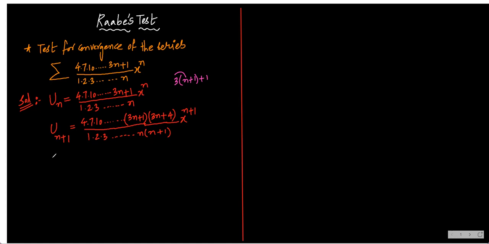Now we are moving to find the value of un by un plus 1. It is equal to: the first fraction will be the same, 4 into 7 into 10, and so on, 3n plus 1, x to the power of n, divided by 1 into 2 into 3, and so on up to n.